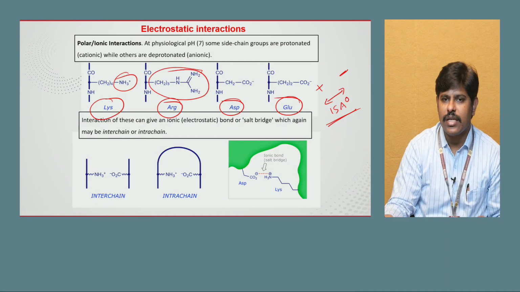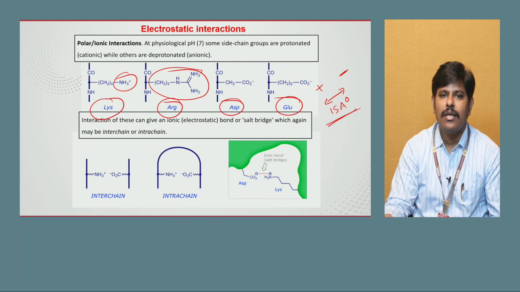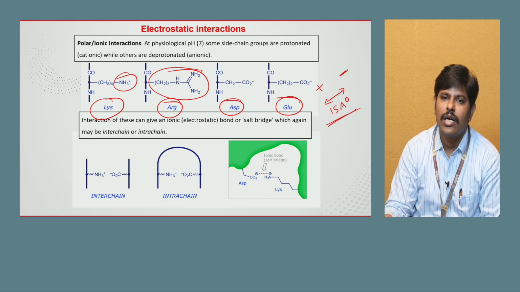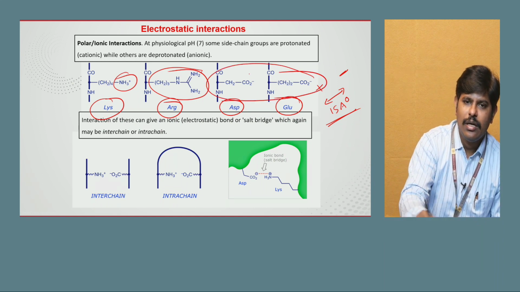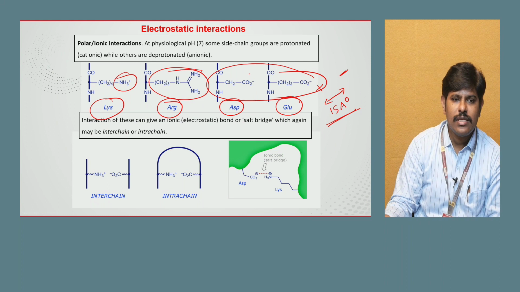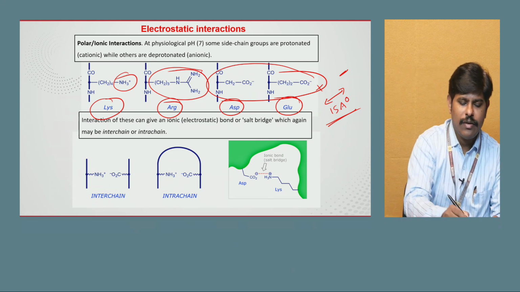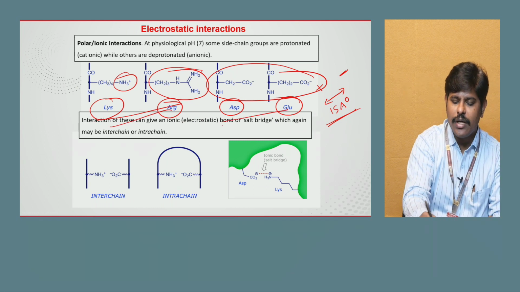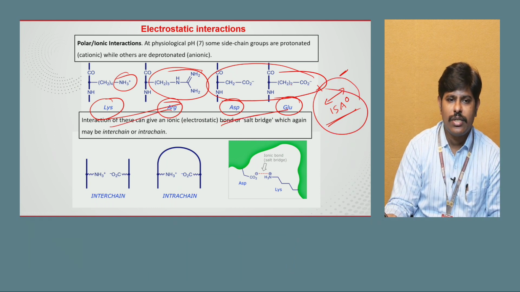And aspartic acid and glutamic acid have beta and gamma carboxyl groups which are negatively charged here. So, when a positive charge and a negative charge are present, they are located in between 15 angstrom unit distance here.